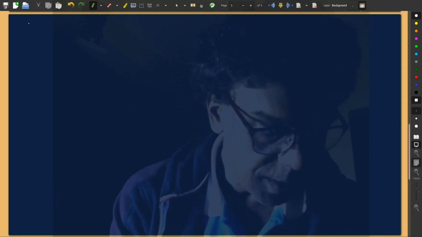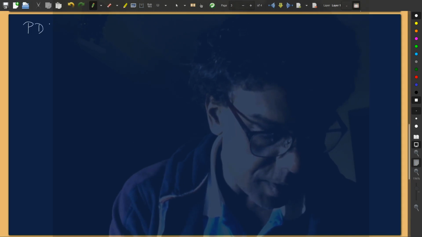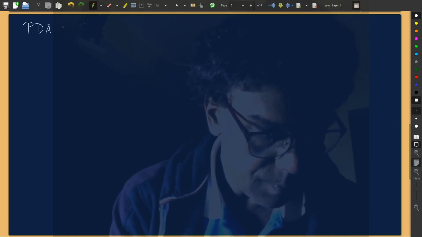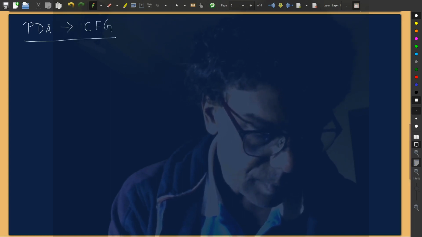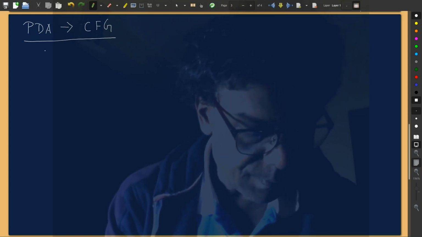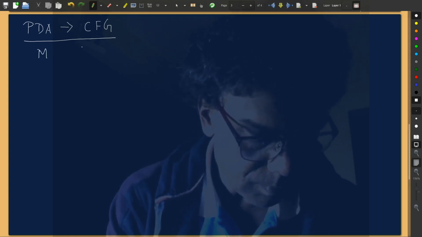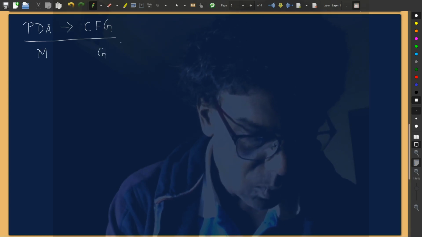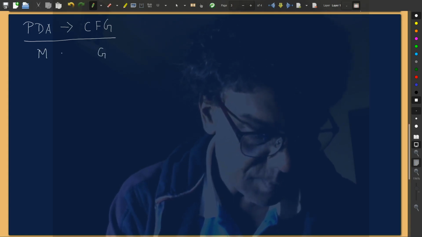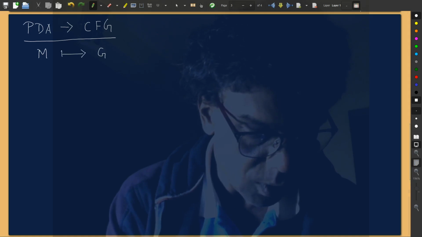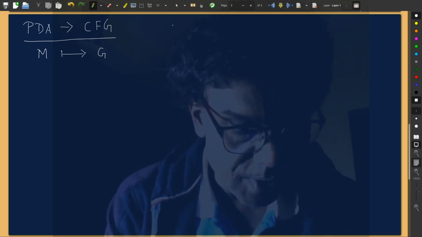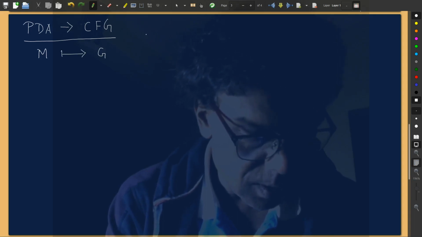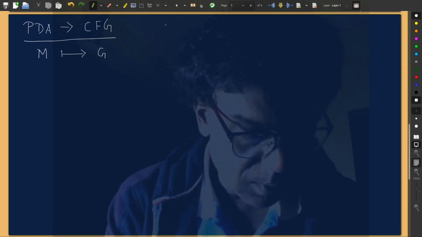Okay. That is, given a PDA, I want to generate a context-free grammar. Now this PDA M, and I eventually want to generate some G. This is my eventual goal. So now I will do something a little bit complicated.